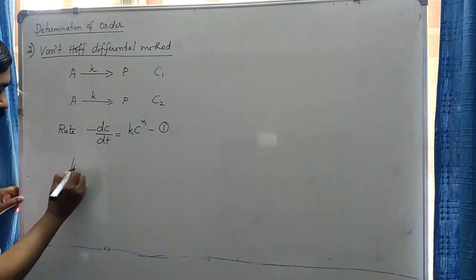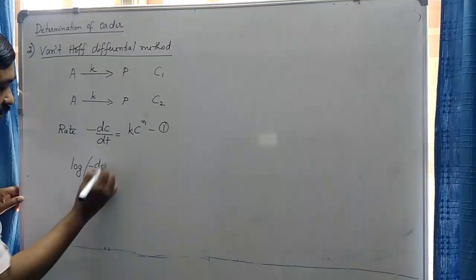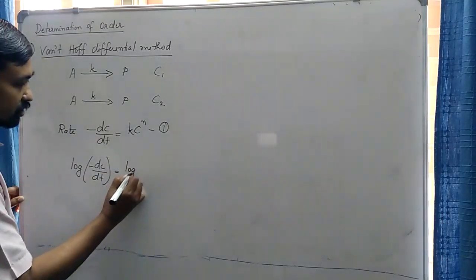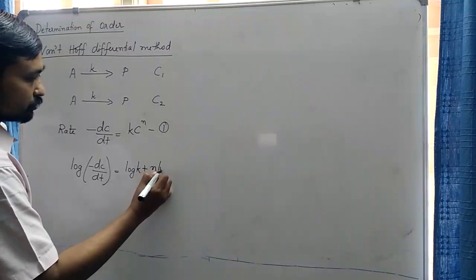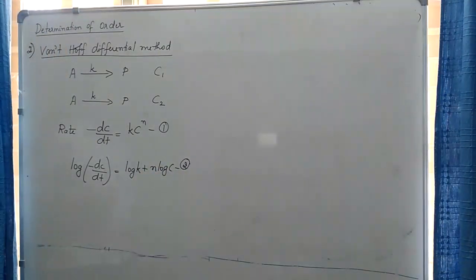If I take the log on both sides, we get log(-dC/dt) = log K + n log C. Now let us apply equation 2 to these two conditions.